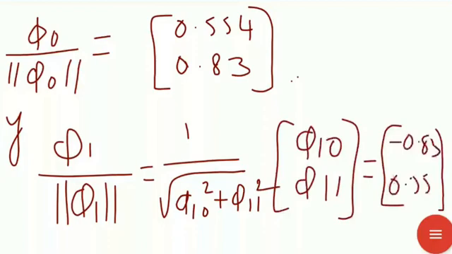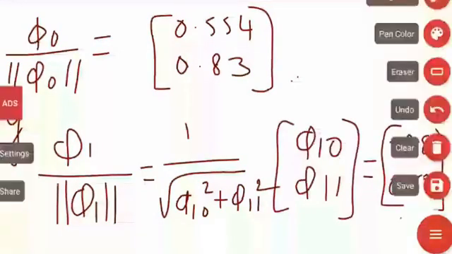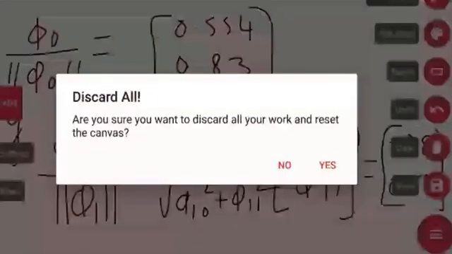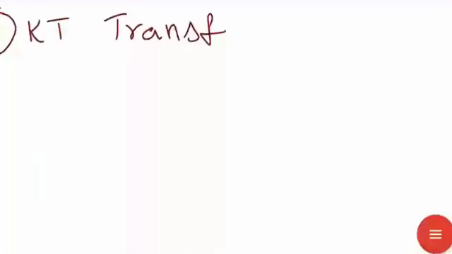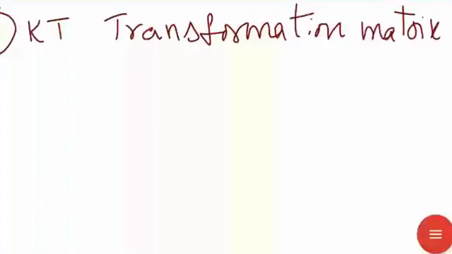After finding the normalization of the eigenvectors, find the KL transformation matrix.